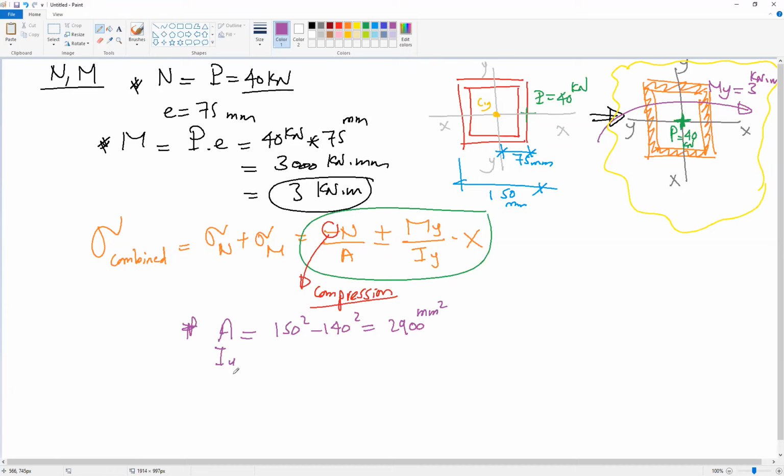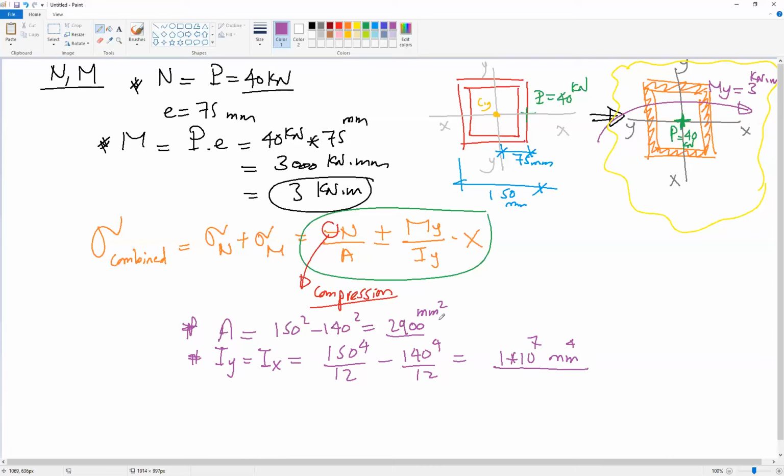The inertia Iy, because this is a square, should be equal to Ix, equal to 150 to the power 4 divided by 12 minus 140 to the power 4 divided by 12. That gives us an inertia of 1 multiplied by 10 to the power 7 millimeter to the power 4. Okay, so this is the inertia and the area.